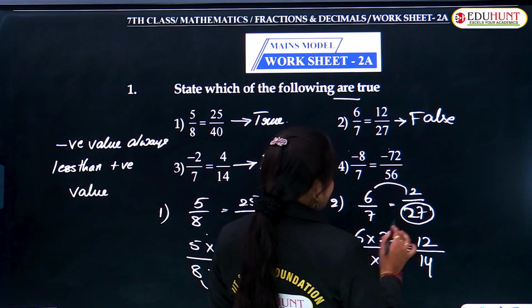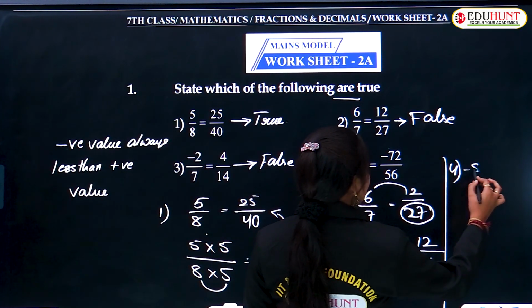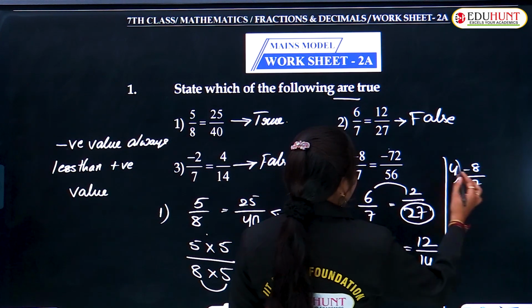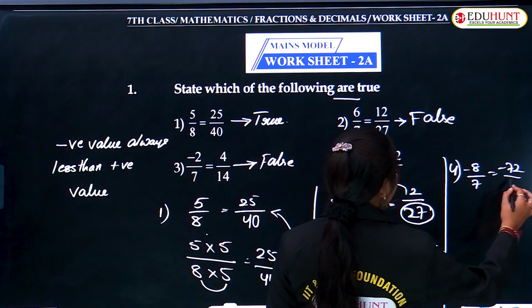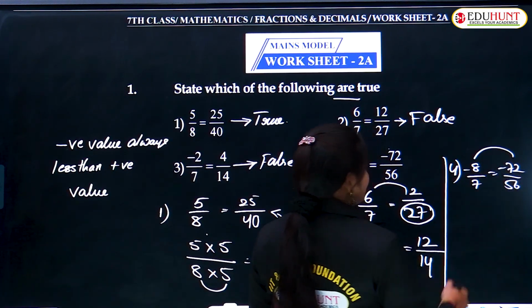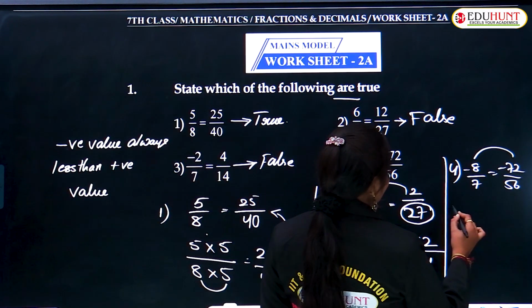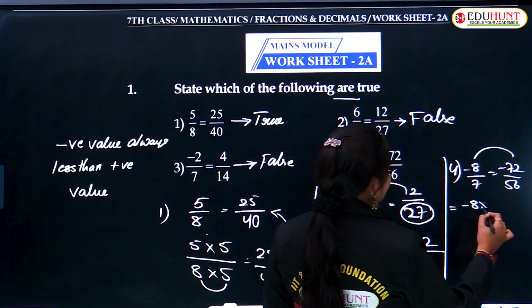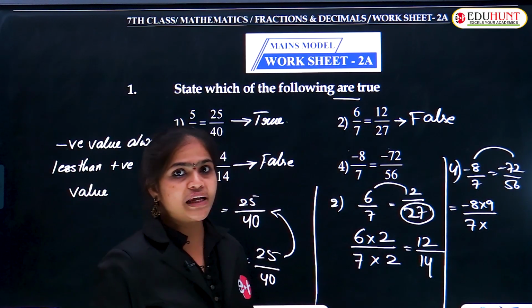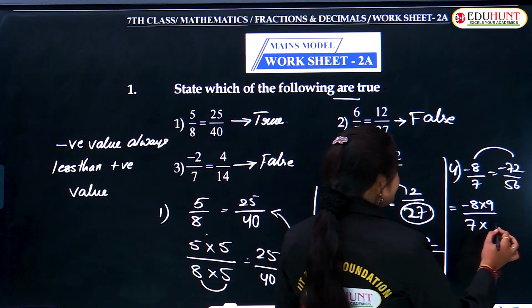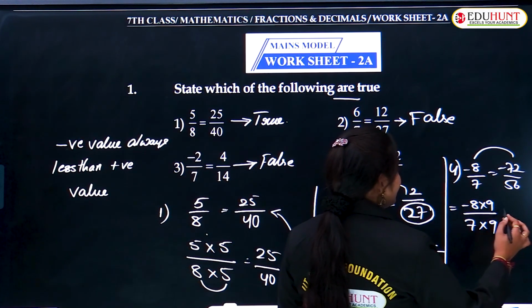Now come to the fourth one: minus 8 by 7 is equal to minus 72 by 56, they are saying. 8 into how much is 72? 8 nines are 72. Then minus 8 into 9 by 7 into 9.